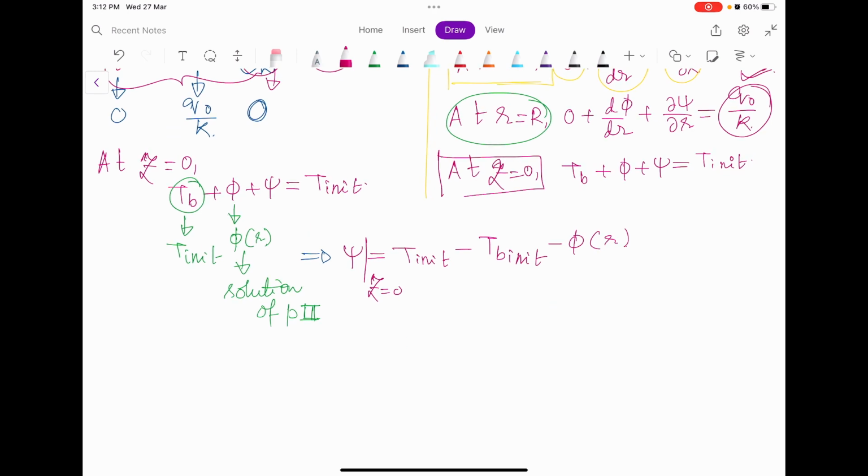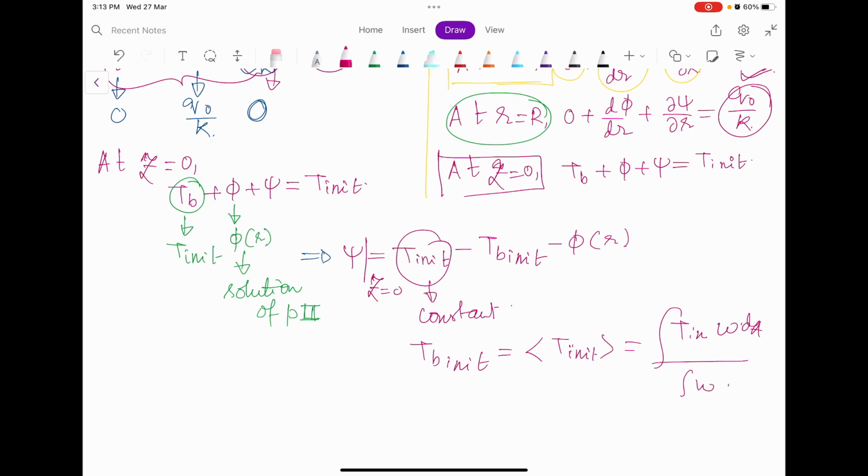Now generally we take the uniform temperature condition at a pipe inlet. That means your T init is a constant. And if your T init is a constant, then your TB init, the bulk mean temperature at the inlet, you put that in your expression: integral of T init W dA by integral of W dA.